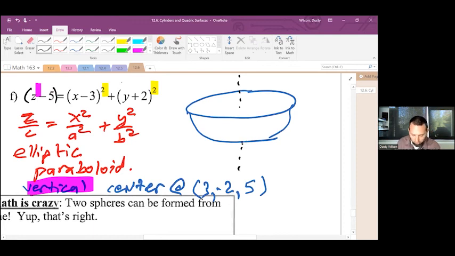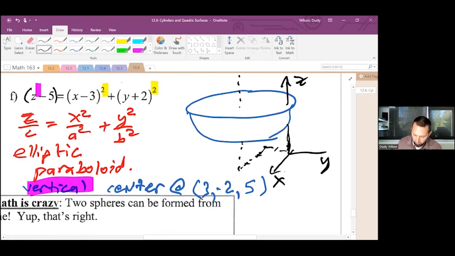upwards. And so this point that it's over is the point 3, -2. So I'm 3 in the x and minus 2 in the y. 3 in the x, 1, 2, 3, and then 1, 2 in the z. And so my vertical axis is here. There's my z-axis, x and my y.